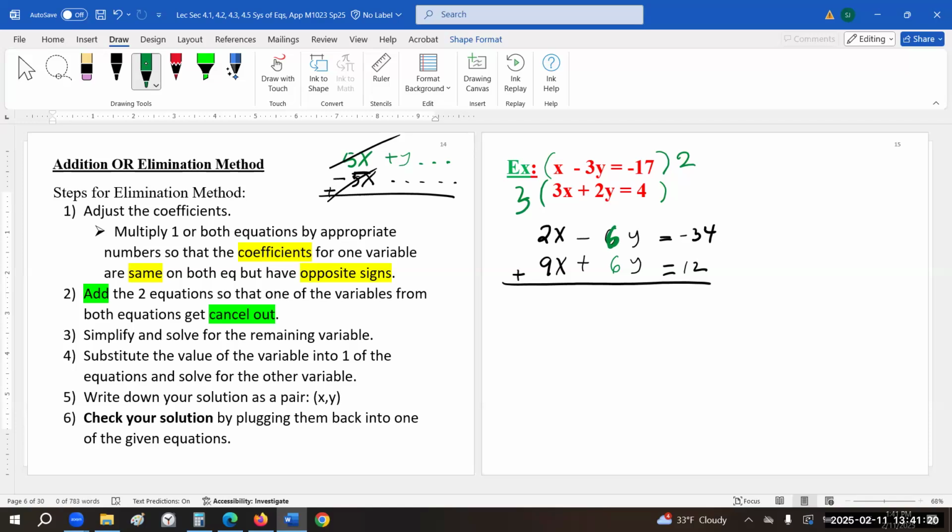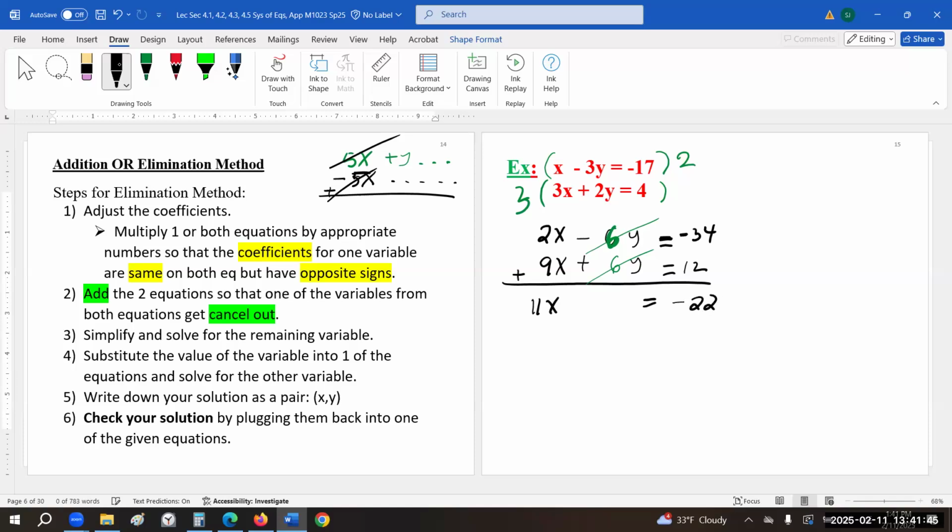So we are going to add them. Plus 6y minus 6y will get eliminated. How many x's do we end up with? 11x, and we have negative 34 plus 12. Negative 34, but plus 12.